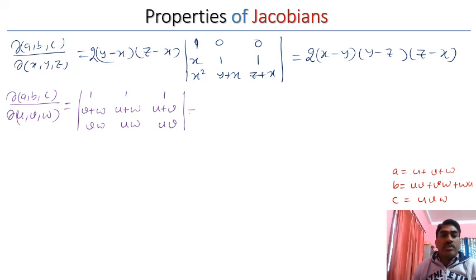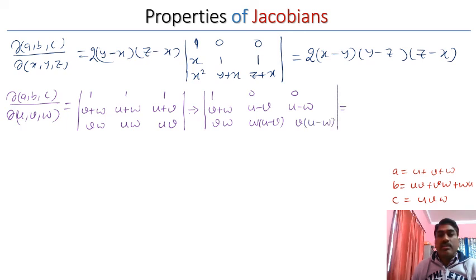Again perform the column operation. Column operation C2 minus C1. So this will lead to 1 0 0, v plus w, u minus v, and u minus w. Then vw, and w(u minus v), and v(u minus w). So you can take u minus v common from the second column, and u minus w common from the third column.